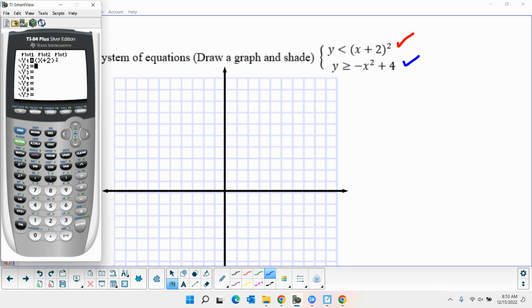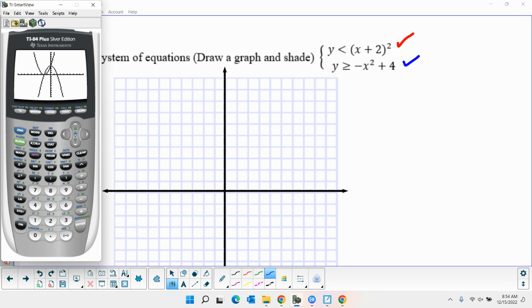And then I'll put negative X squared plus 4 in. The first one that shows up is the red one, and the second one that shows up will be the blue one. Some of you have red and blue when you do that. So that's what it's going to look like.